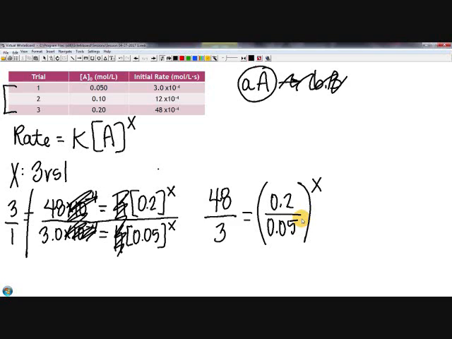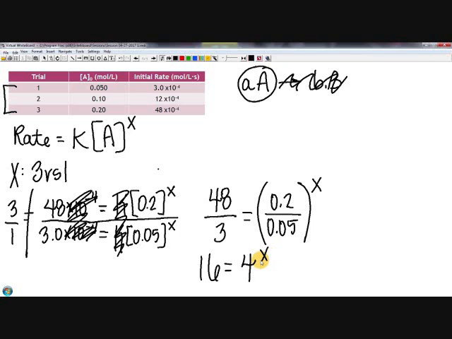So now, can somebody take 48 divided by 3 and tell me what that is? Is it 16? Okay. And then that is equal to, let's reduce the inside, so it's 0.2 divided by 0.05. What is it? 4. Okay. So we have 16 is equal to 4 to the x power.